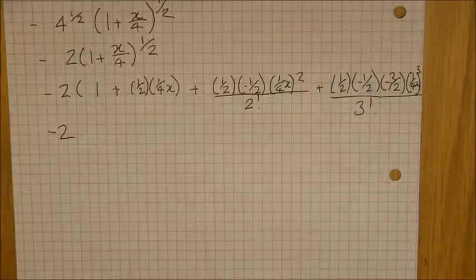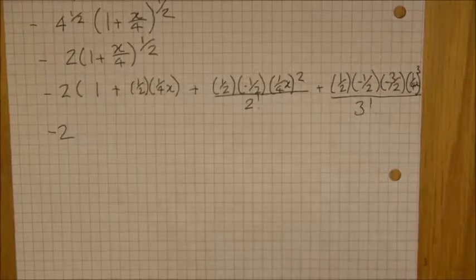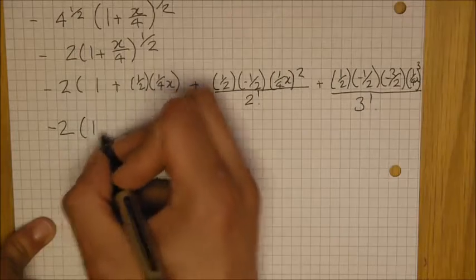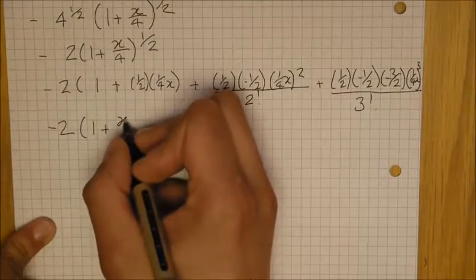So what we have is 1 half times 1 over 4, so that's 2 lots of 1 plus x over 8.